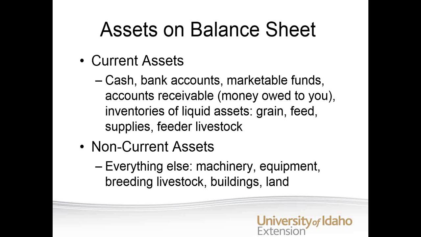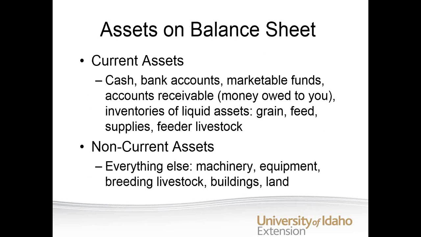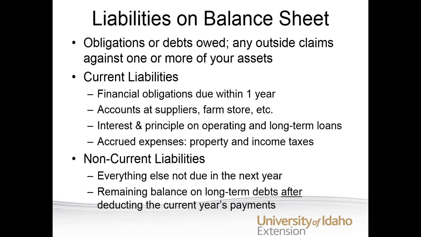So the current assets on a balance sheet include cash, accounts receivable, inventories of grain, feed, livestock, supplies. And non-current assets include, as I said, machinery, equipment, buildings, and land.